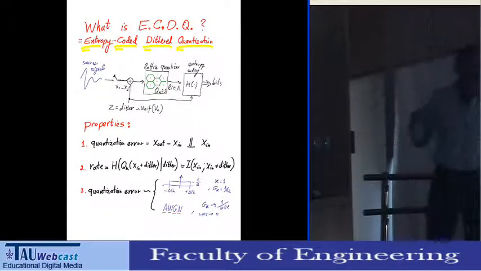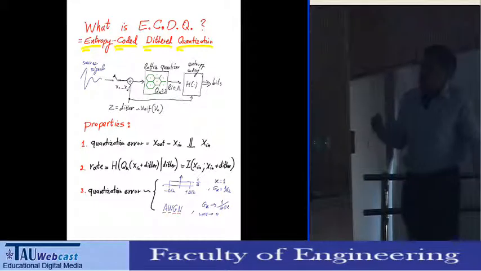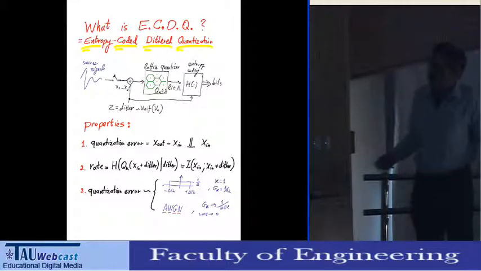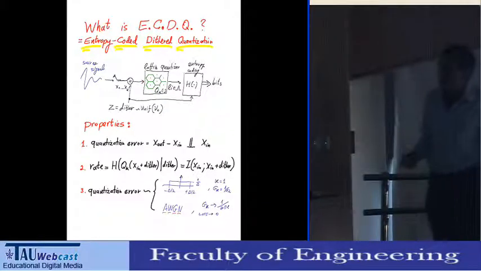We don't have time to get into the details, but I will tell you the properties of ECDQ. One property is that the quantization error is independent of the input, and this is due to the dither. The other property is that the entropy rate of the quantizer, given the dither, is simply the mutual information between the input and the input plus the dither.